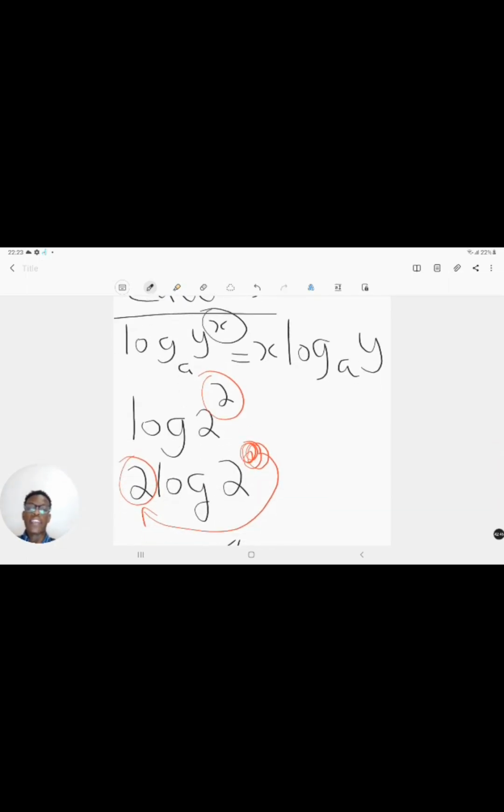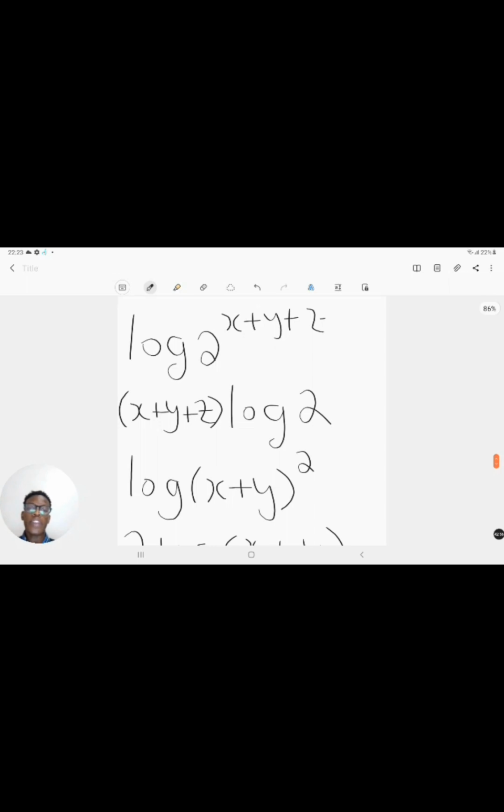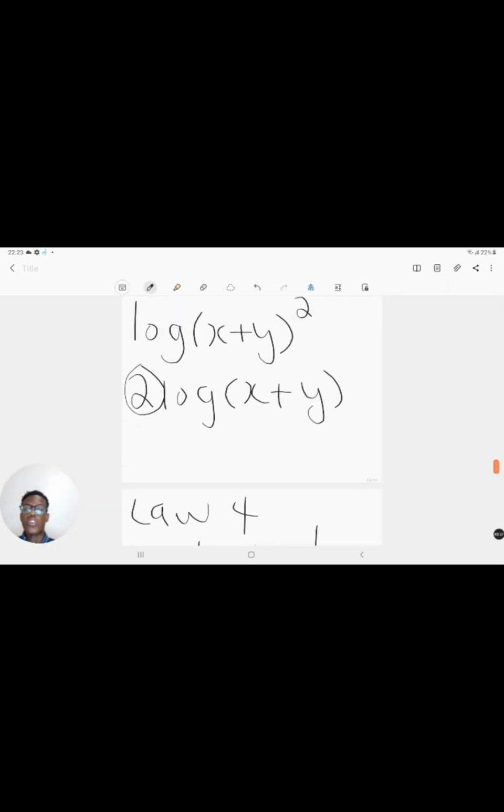If you have an exponent, you can take that exponent of your logarithm and turn it into a coefficient. There's your 2 there, it becomes your coefficient 2. There's your x plus y plus z there, it becomes your coefficient x plus y plus z. There's your exponent 2, it becomes your coefficient of 2.